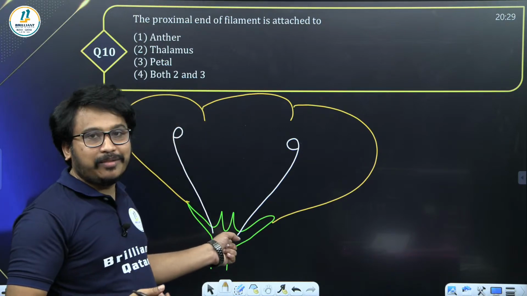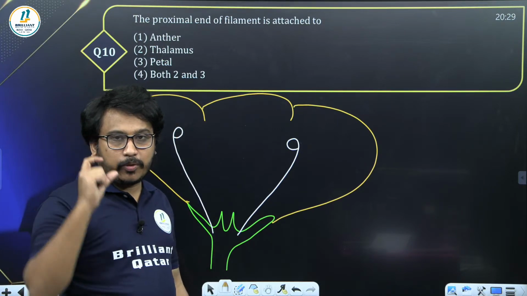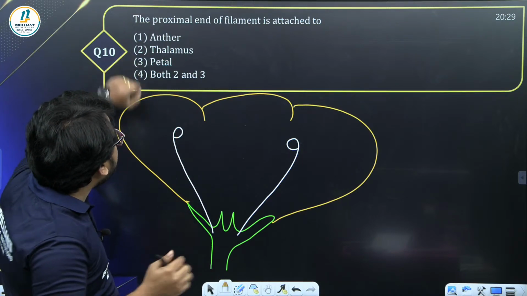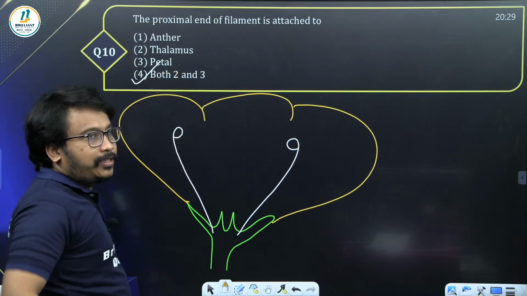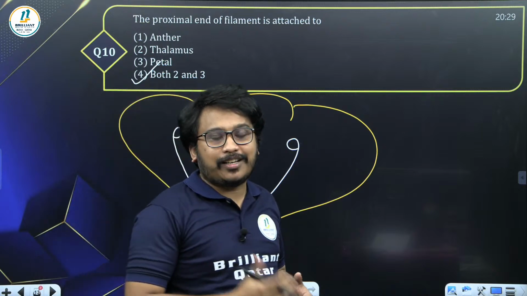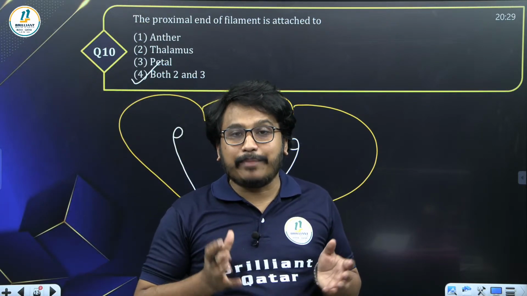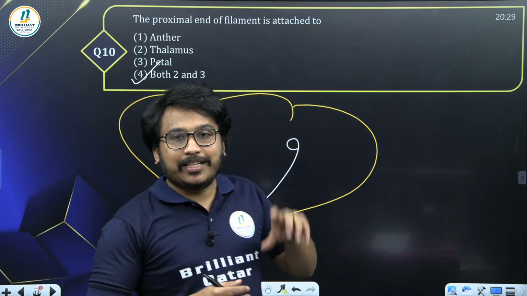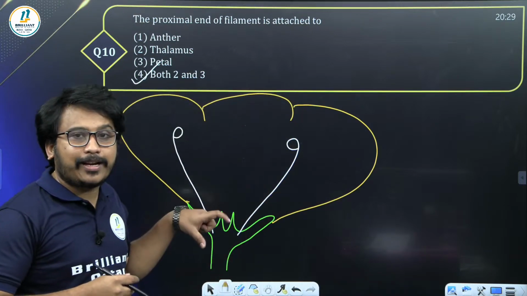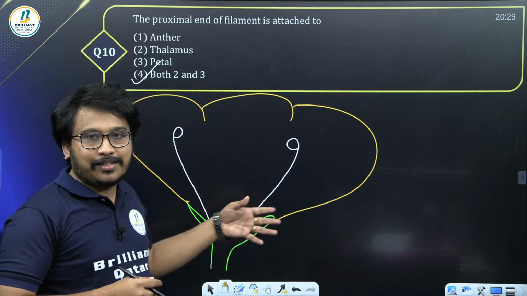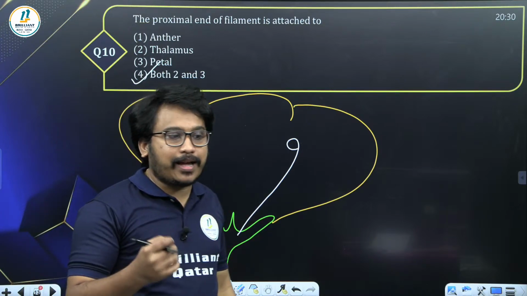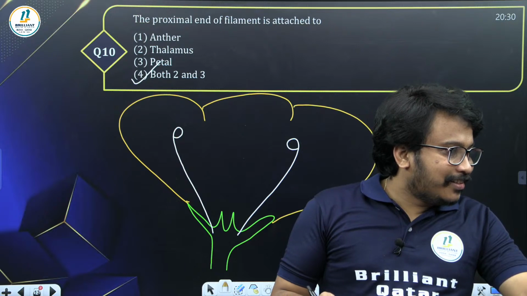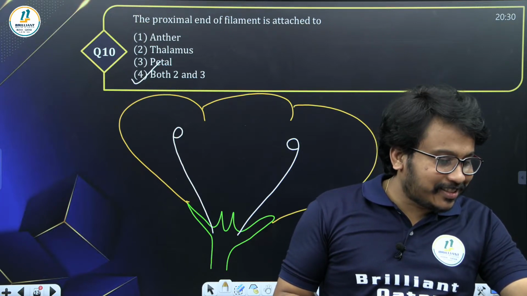Proximal end means the starting point. So the stamen's proximal end will be attaching either to the thalamus or to the petals. I think you might have learned the morphology chapter last year, where you learn about epipetalous. In a family like Solanaceae, the stamen's proximal end attaches to the petals. That term is epipetalous. Yes, have you all got it?